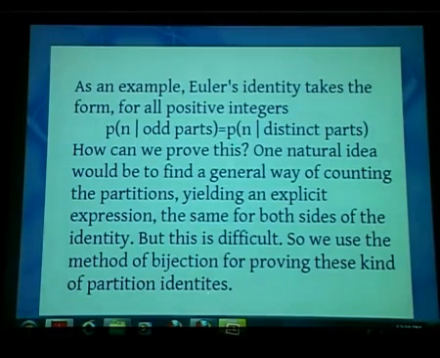What we need is only that the numbers are equal. So we use a method called the method of bijection for proving this kind of partition identity without actually calculating how many of them there are. We just want to say both numbers are equal. So we use this method of bijection.